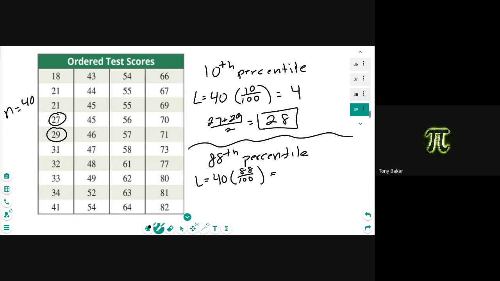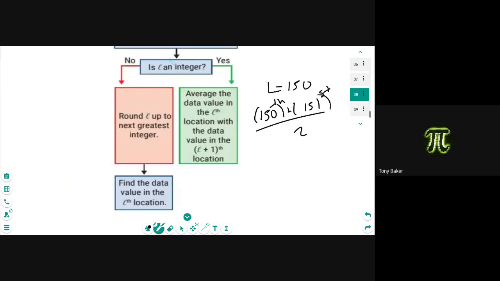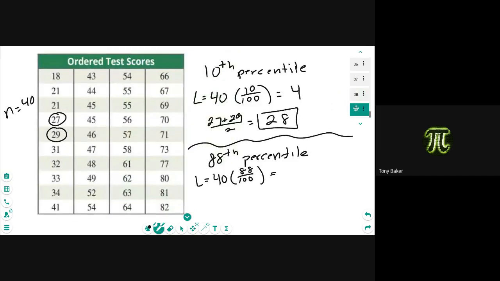Always round up. The rule says if it's not an integer, you round up. So this one comes out to be 35.2, so I'm using the 36th number, which is 73.